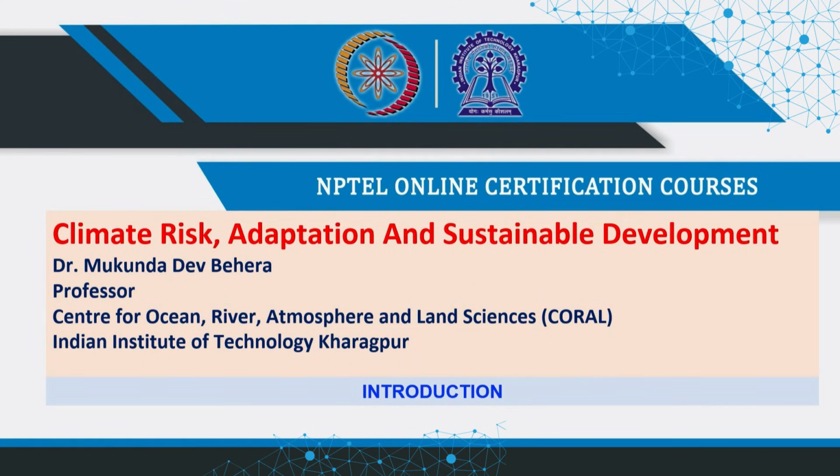The moment we talk about climate risk, its adaptation and how it helps towards achieving sustainable development, we will get to know the three components, particularly what is climate and what is climate change, and because of climate change, what are the risks as far as humanity is concerned.